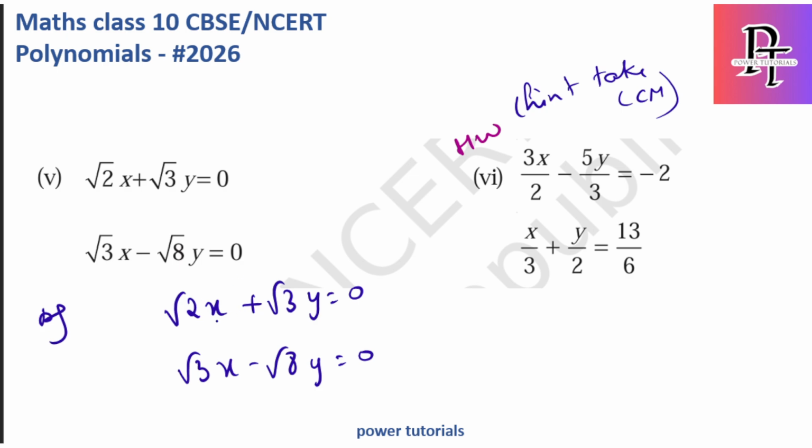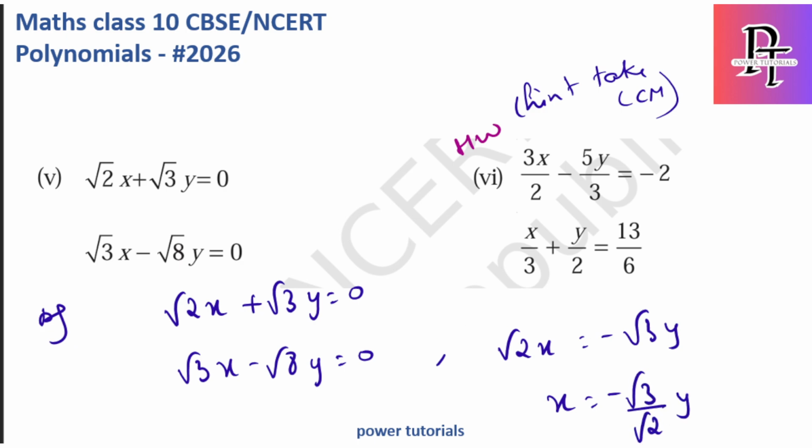Okay, so for this, if you notice, a1 by a2 is not equal to b1 by b2 and not equal to c1 by c2. Fine, we'll solve it. So I'll use the first equation to get the x value. So it becomes root 2x is equal to minus root 3y. x will be equal to minus root 3 by root 2 into y.